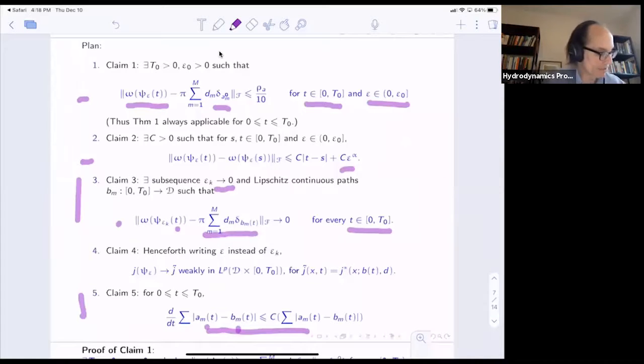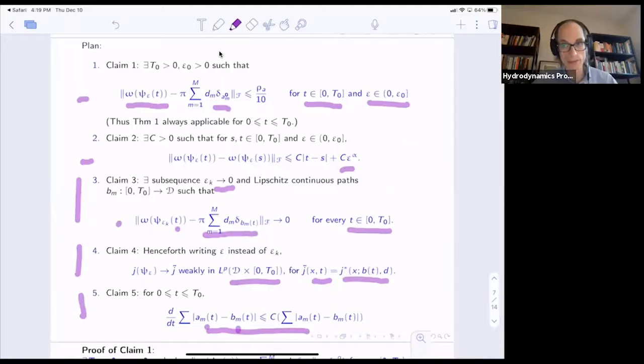Okay, and so the last ingredient is, well, I claim that these J, this conserved quantity, the momentum density or the supercurrent, are converging weakly in L^p of dx and dt. So I look at the time interval from 0 to t naught, and these are converging to exactly the perfect current.